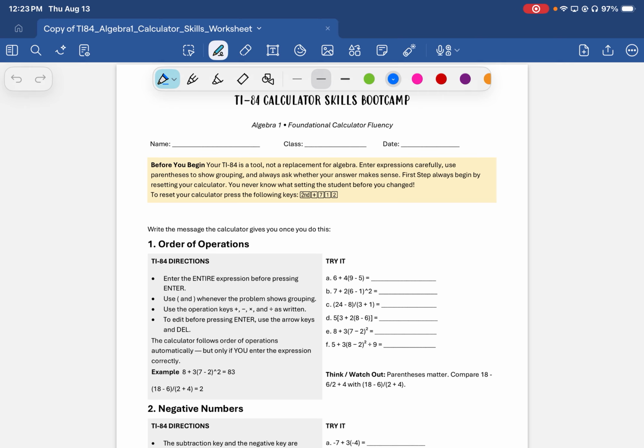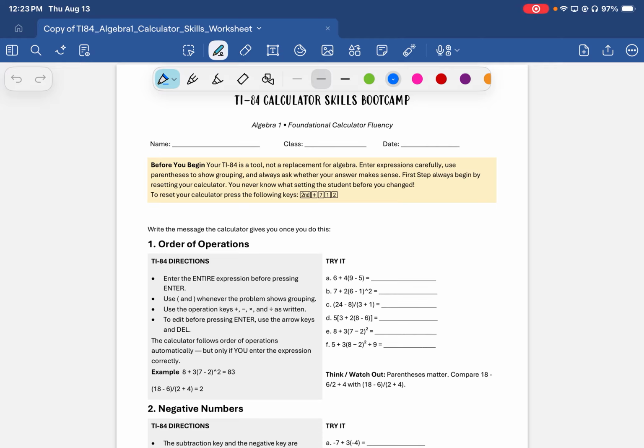Okay. So with our sections here, I have a section on there for just order of operations to make sure we're putting it in the calculator, right? I have a section talking about negative numbers and making sure we're putting those in the calculator, right? Because that's one of the biggest problems I see in this class. And then we have fractions and decimals and simplifying fractions.